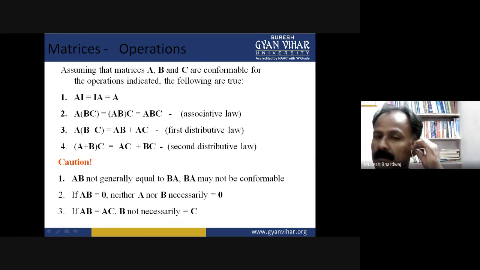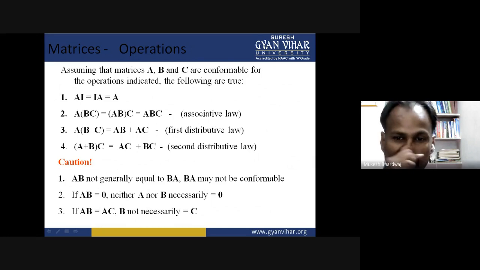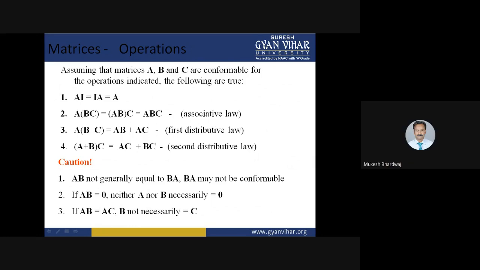AI is equal to IA, equal to A. Second, A(BC) equals (AB)C equals ABC, the associative law.